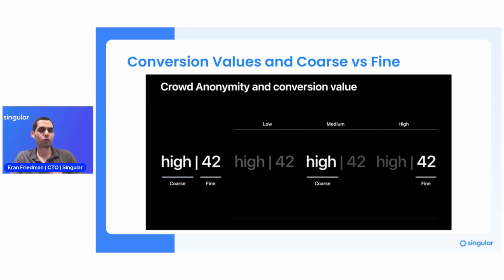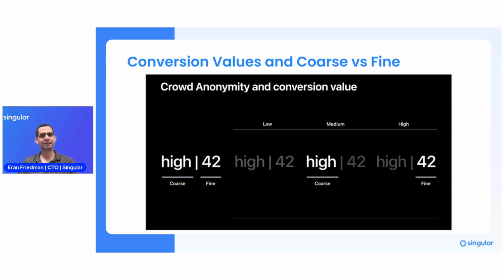Apple basically introduced a new type of conversion value. They call it the Coarse conversion value, which is the medium tier. They're basically saying if you don't have enough volume to get the full conversion value, sometimes called the fine conversion value, which is the same number that we're used to, and you're in the middle, then you can get a basic version of the conversion value. They call it the Coarse conversion value, which is a very simplified version. It only has values of low, medium, and high.